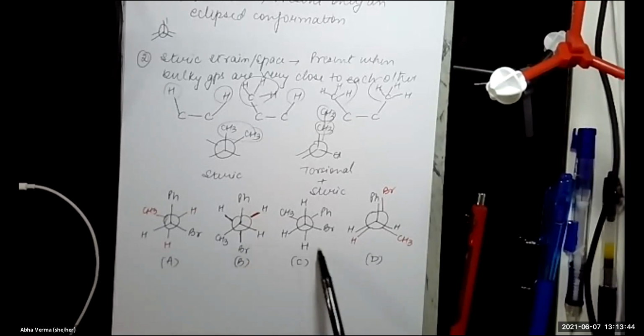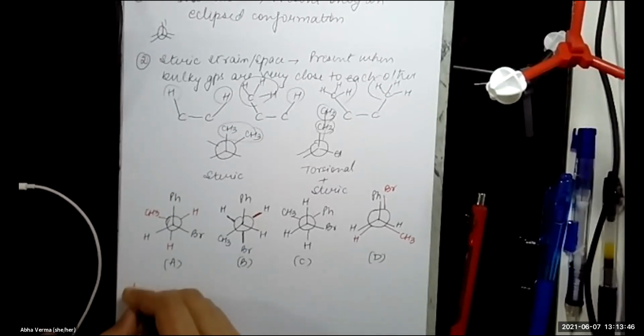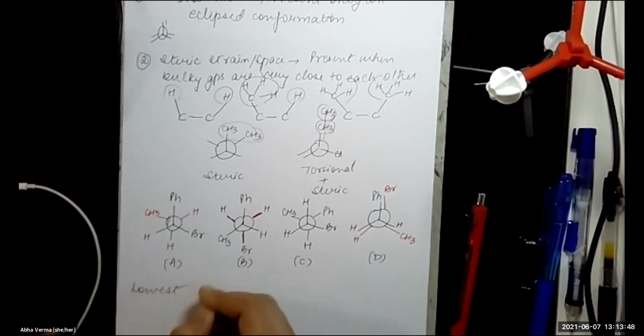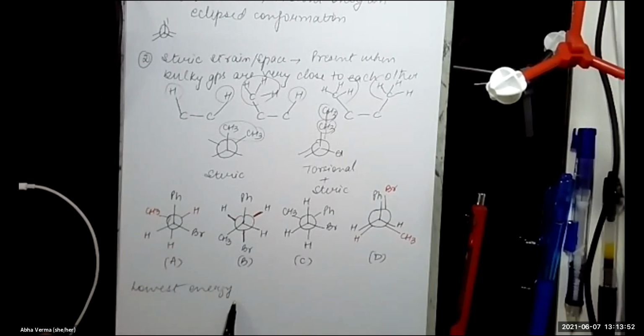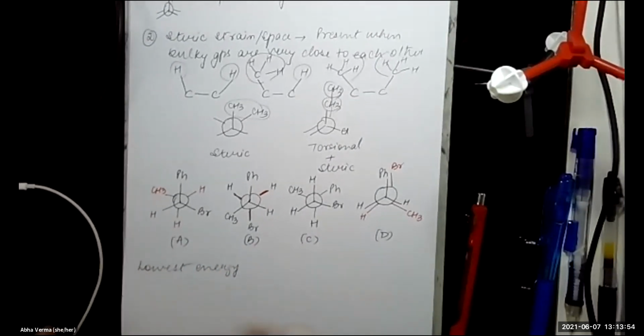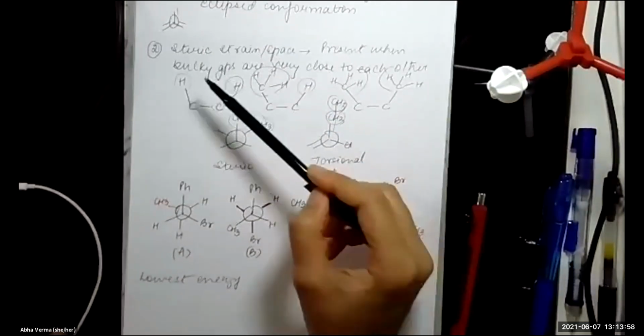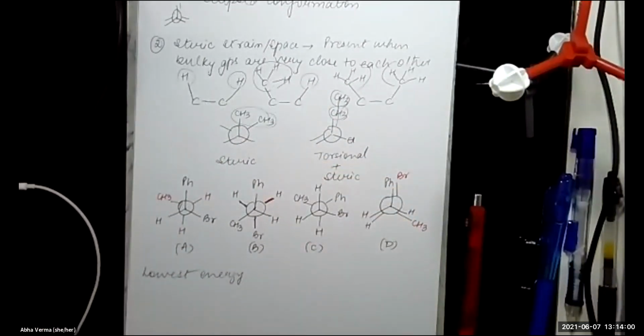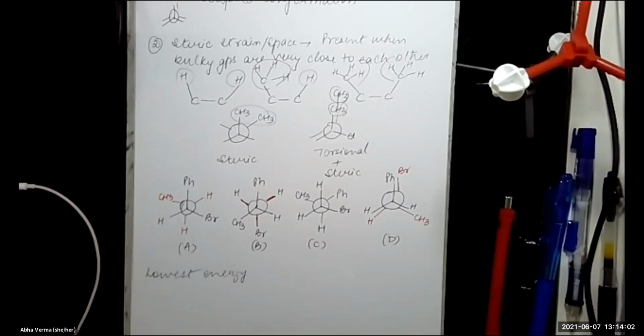So if you look at all of this, which of these will have the lowest energy? Lowest energy would mean no other energy interference, no torsional strain, no steric strain. Even if it is not possible, you should try to have minimal amount of torsional and steric strain. So let's look at all of this.